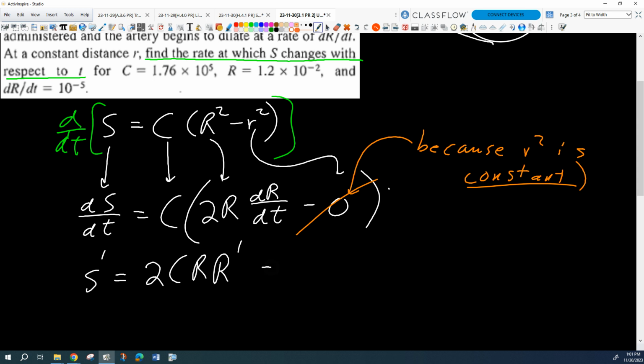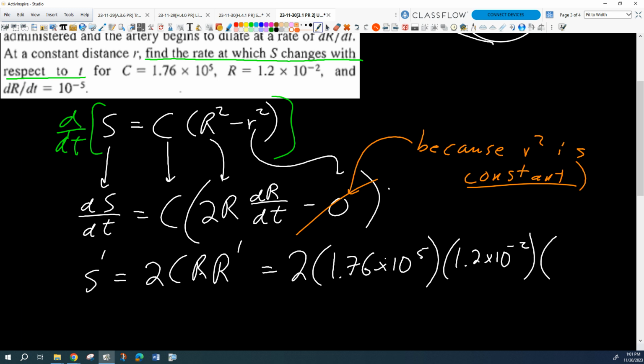That's equal to 2 times, what's the constant? 1.76 times 10 to the fifth, times r is 1.2 times 10 to the negative 2, times r prime, which is 10 to the negative 5. Make sense?